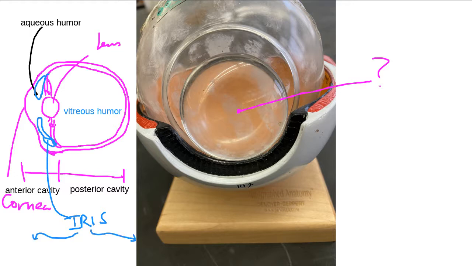It's called the anterior chamber, and the one in the back is known as the posterior chamber.